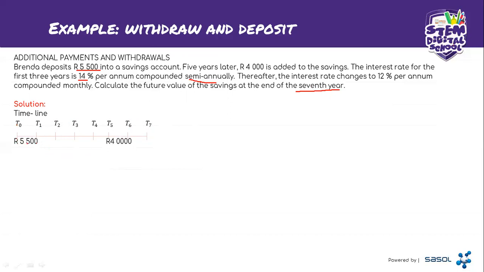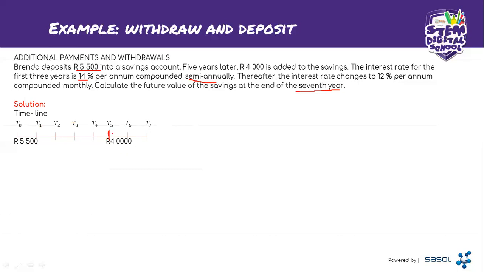It's 5,500. And then after 5 years, this person added another 4,000. You can see from here is 1, 2, 3, 4, 5. So on this point here, this person now started to add another 4,000 into that saving account.